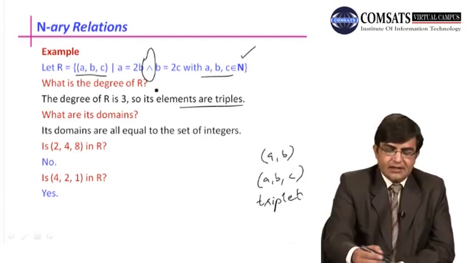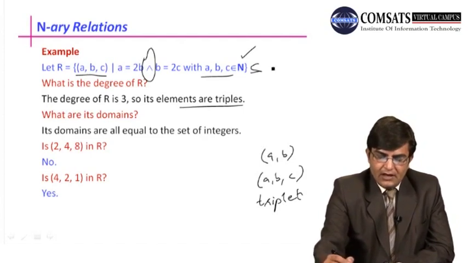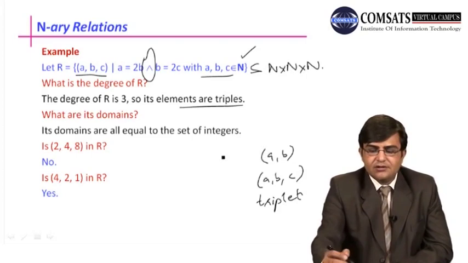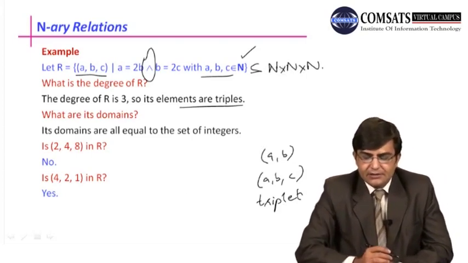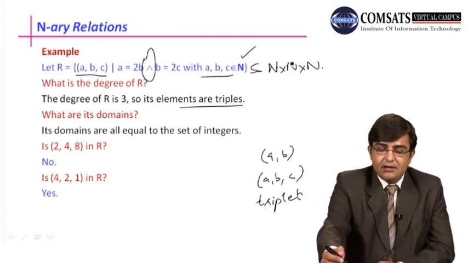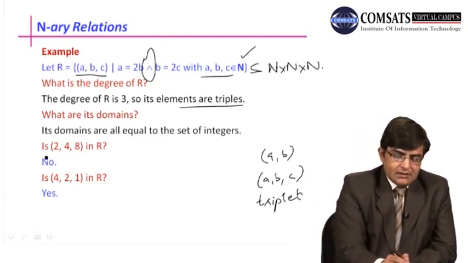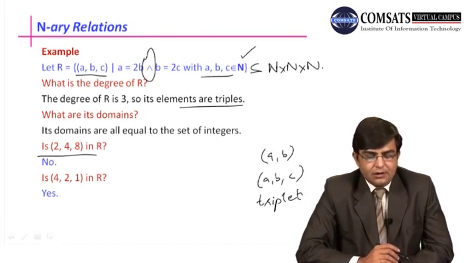Basically here R is a subset of N cross N cross N, because we have this relation defined on N cross N cross N, because the domain in each case is N. Now, does (2, 4, 8) belong to this R or not?